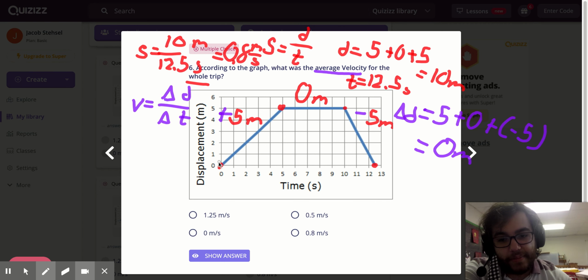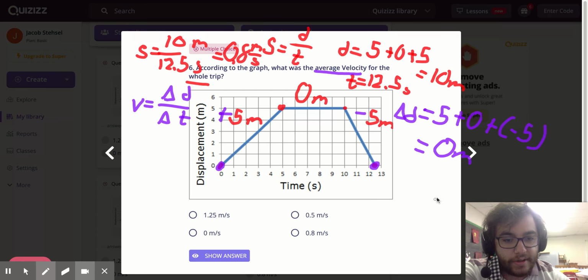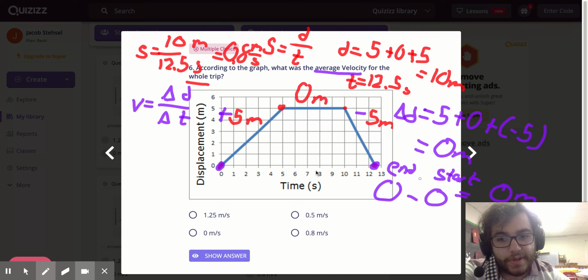Or, in my opinion, the easier way to get displacement is you look at your starting position. Look at your ending position. Compare the positions. So if we start at 0 and end at 0, this will be our end minus our start, and we'll get our final answer of 0 meters for the displacement.